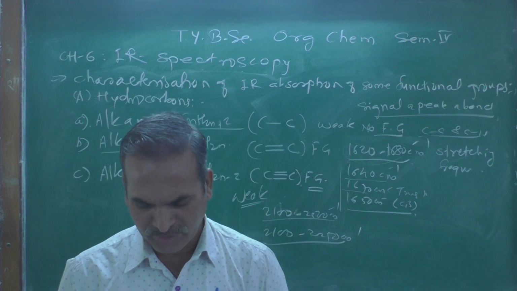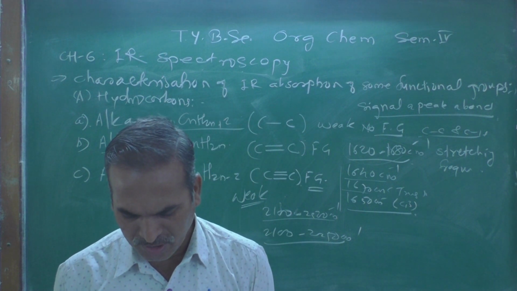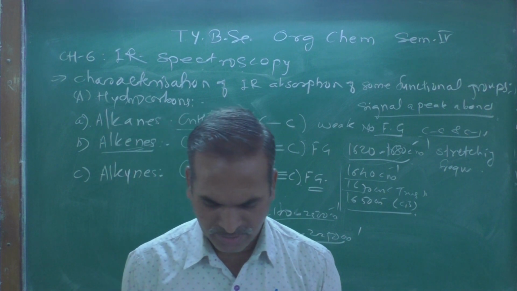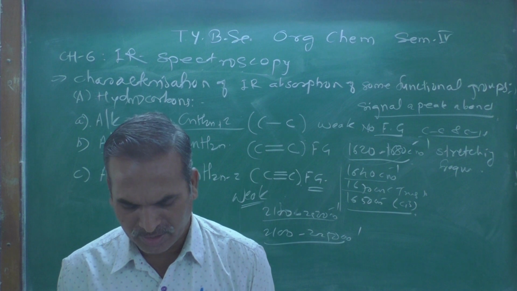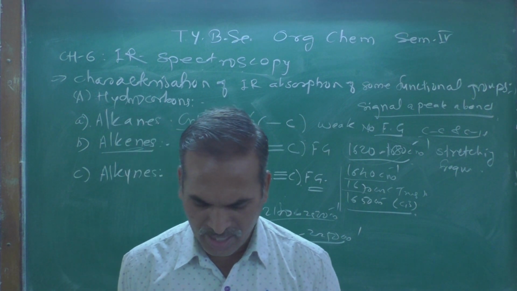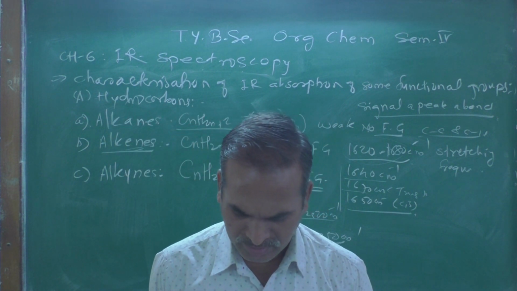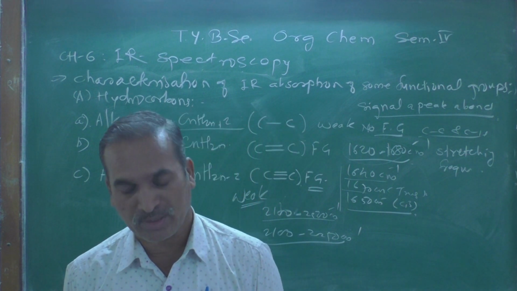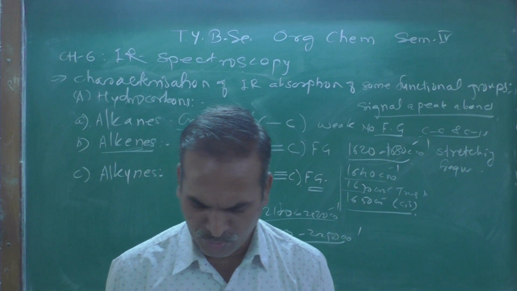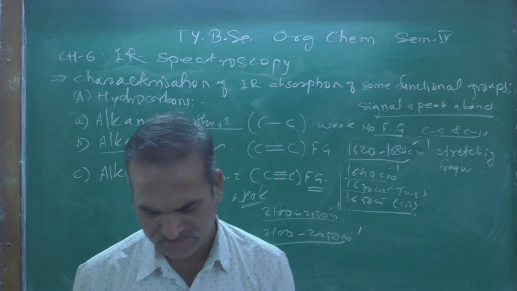For monosubstituted alkynes, absorption occurs at 2100 to 2140 per centimeter, while for disubstituted alkynes, absorption occurs at 2190 to 2260 per centimeter.